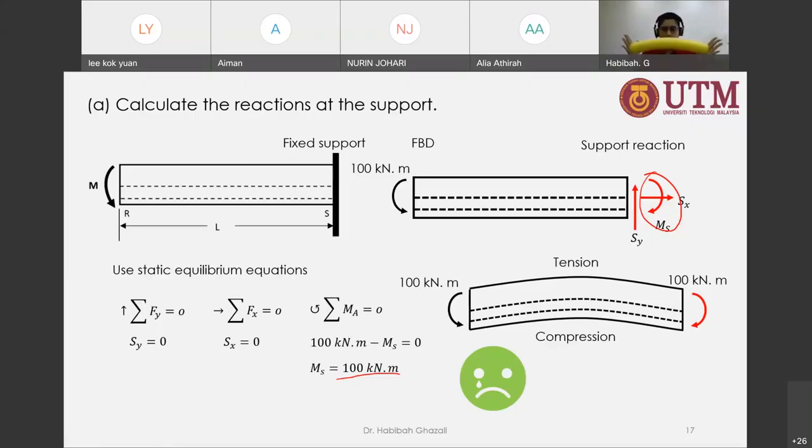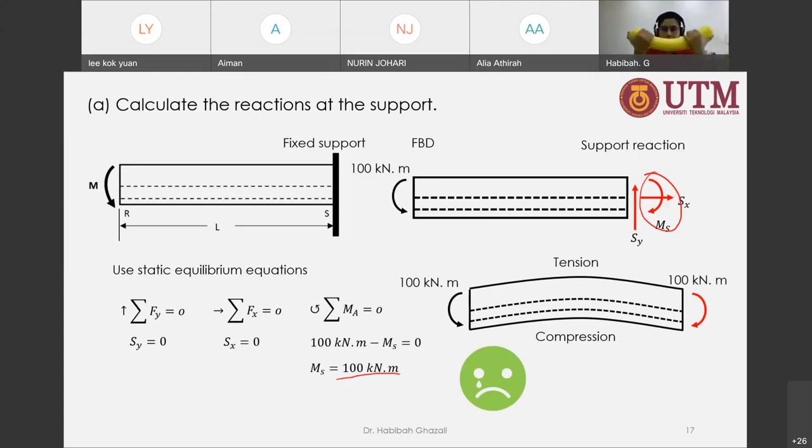So when you do your calculation for your bending stress, if you are asked for a distance from the neutral axis to the top, you should get a positive. And if you are asked for any distance from the neutral axis to the lower part, it should be negative because it is compression stress. So that's different if we have a smiley face.